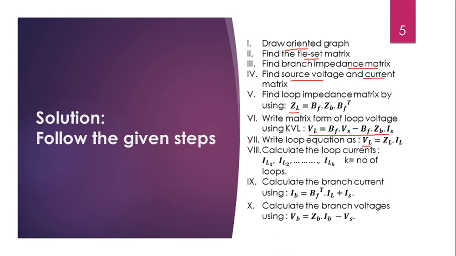So from step number 7, we may find the loop currents IL1, IL2 up to ILK, where K is the number of loops. In the 9th step, we have to calculate the branch current using this relation IB equals B transpose into IL plus IS. And in the last step, we have to find out the branch voltages using this relation, VB equals ZB into IB minus VS. So let us do it.